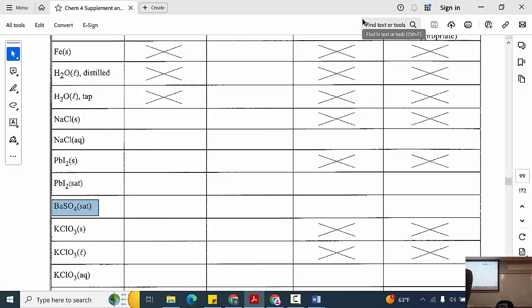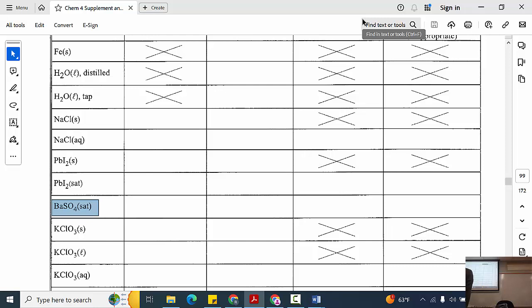Barium sulfate, soluble or insoluble? Insoluble. So is there going to be much barium and sulfate ions present? No. Do you see it? Yeah. Barely any.